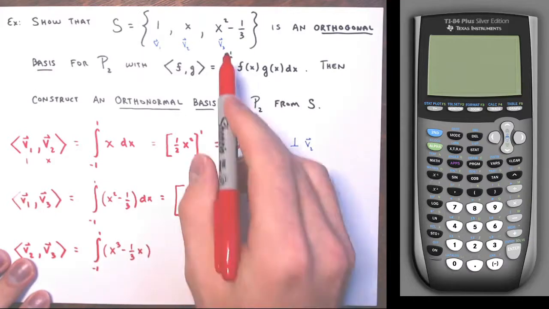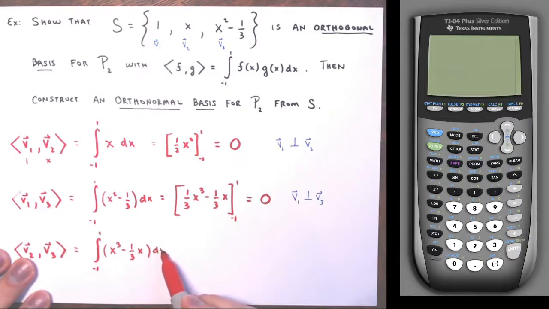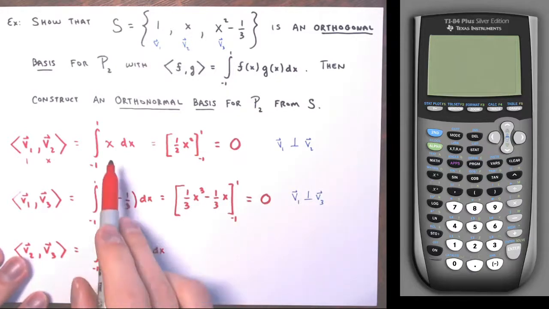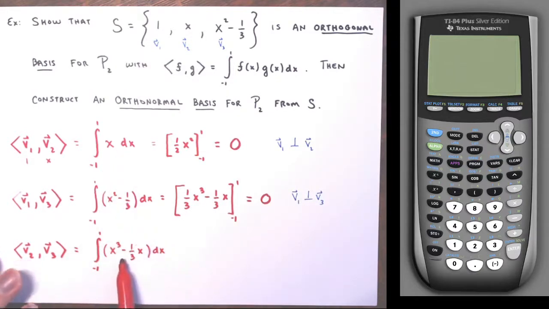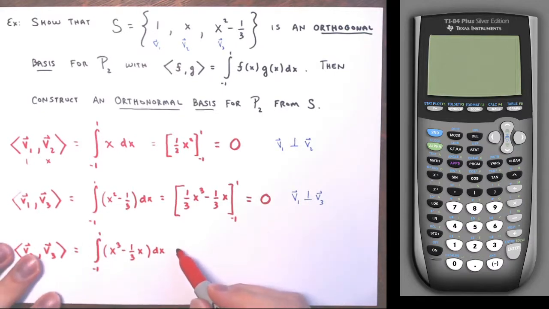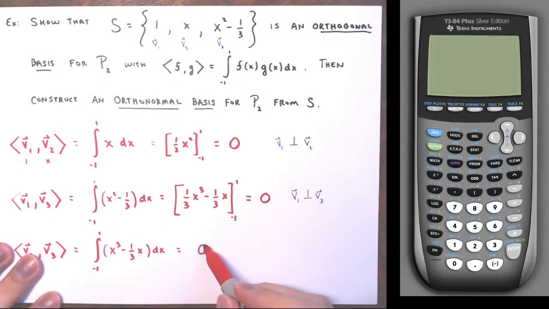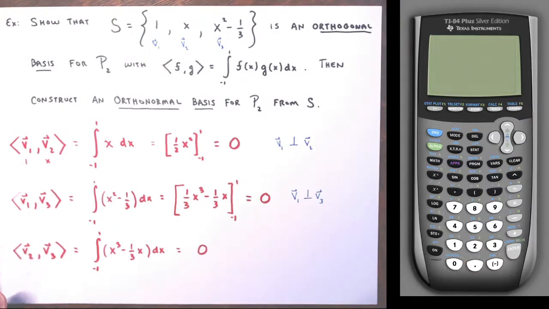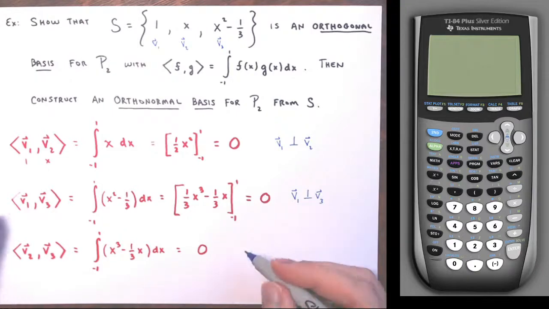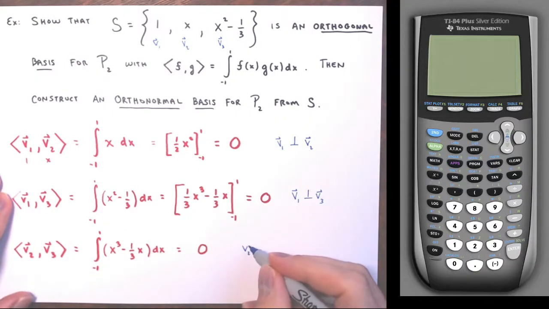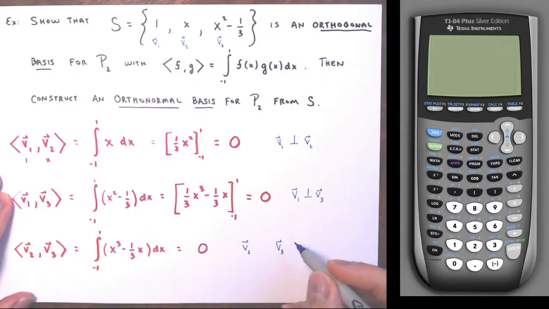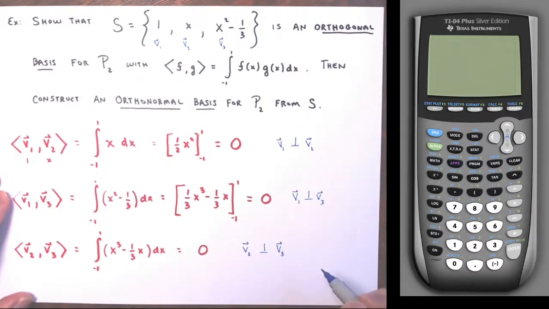And I have the same case as in the first pair. This is an odd function from -1 to 1, so this is going to be 0. You can double check that if you wish, do the antiderivative and all that, but it's 0. So V2, the polynomial x, and V3, the polynomial x squared minus a third, are orthogonal.